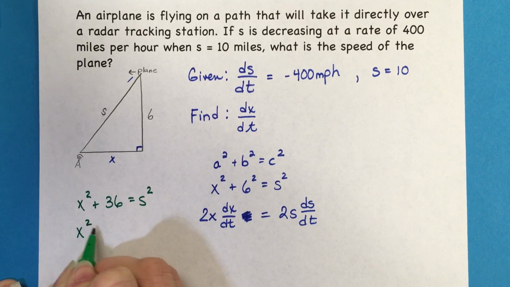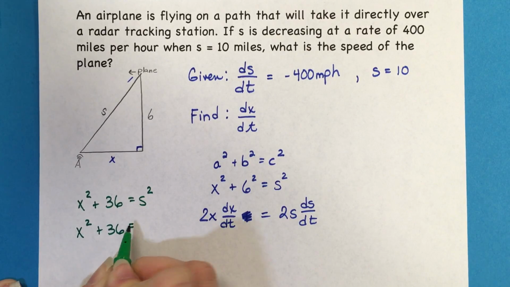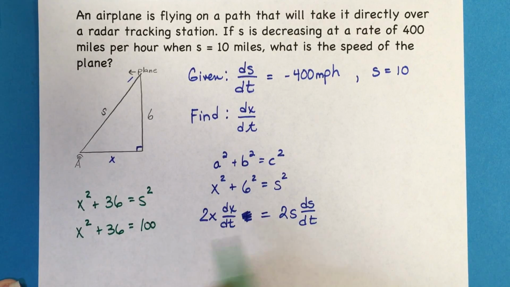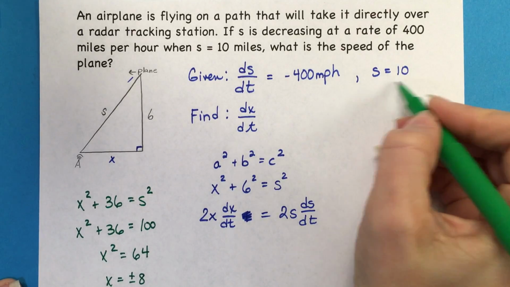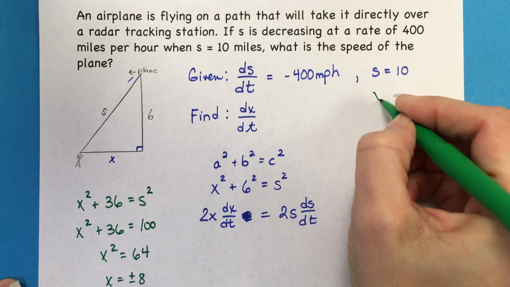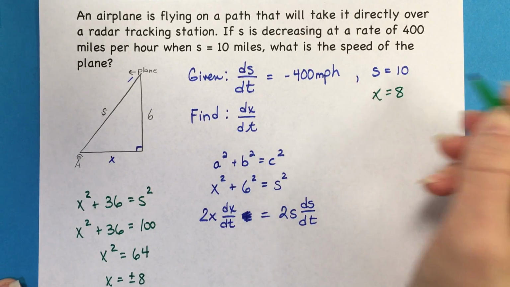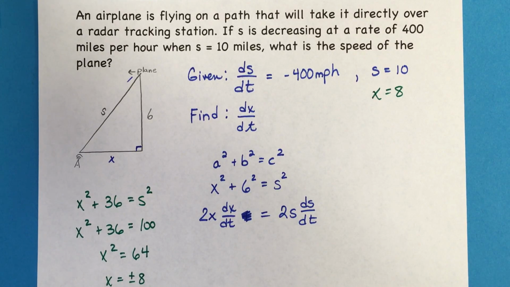So I have x squared plus 36 equal to 100, because that would be the 10 squared. So x squared is equal to 64. So x would be equal to plus or minus 8. But back up here on the given information, you actually would just use x equals 8. You wouldn't do the negative. Okay. So x is 8.